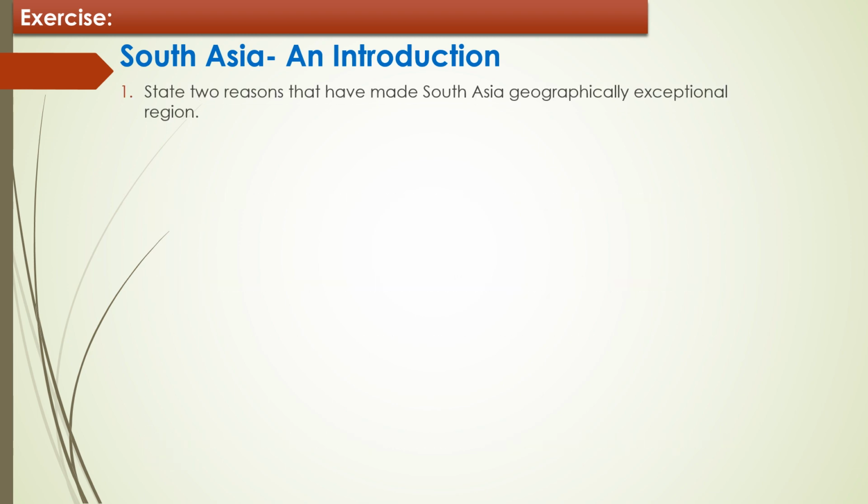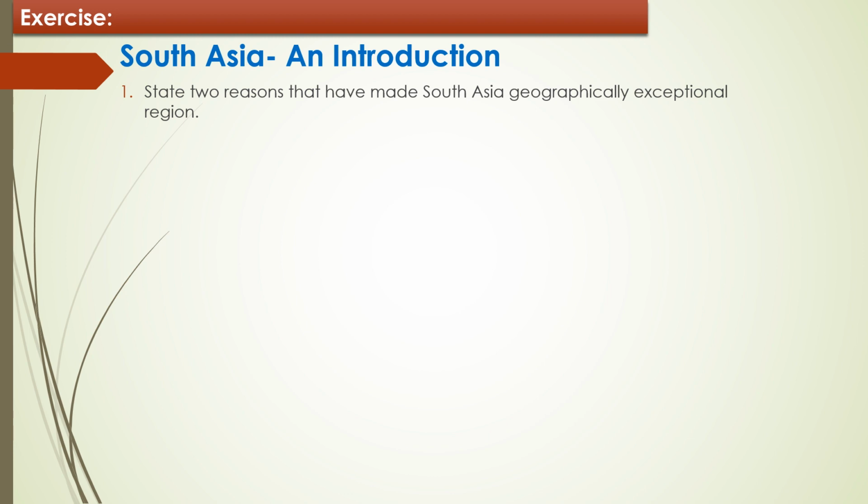So now we'll come to the exercise. So you need to write the heading South Asia and introduction. So the first question is, state 2 reasons that have made South Asia a geographically exceptional region.